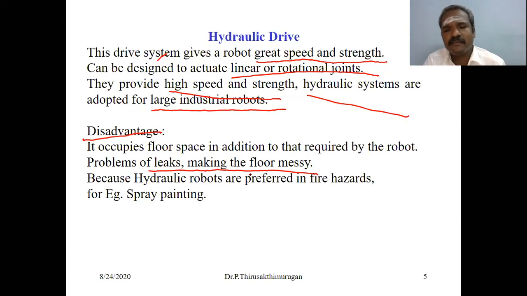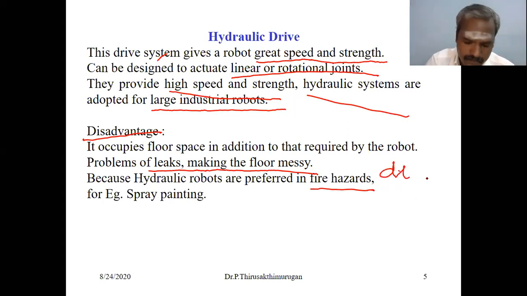But these robots are mainly used where there are fire hazards. If you use an electrical motor, some sparks will occur. So in fire hazard environments, a DC motor is normally not preferred.